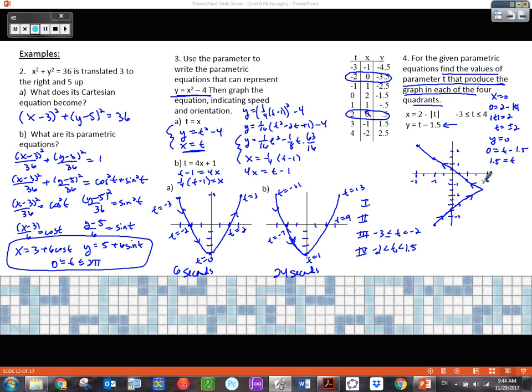What quadrant are we going into now? Quadrant 1. So I'm going to start in quadrant 1 at 1.5. Right? When do I leave quadrant 1? When my x value is 0, I leave it at 2. Okay? And then quadrant 2, I begin quadrant 2 at time 2, and then when do I end?